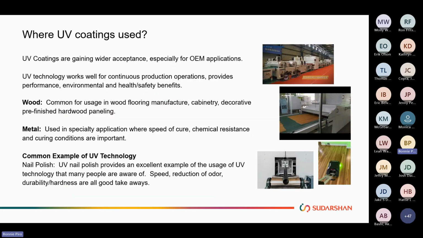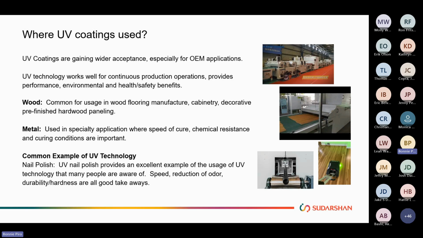UV is a growing area as far as the space and the volumes that we see going into this area. It's a great technology, especially for use in continuous production operations.